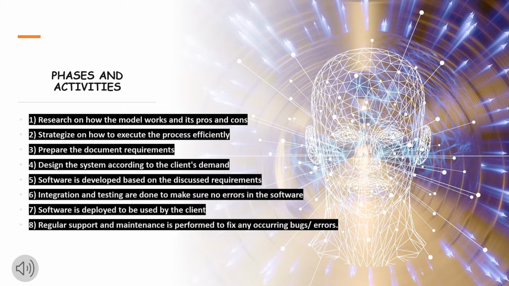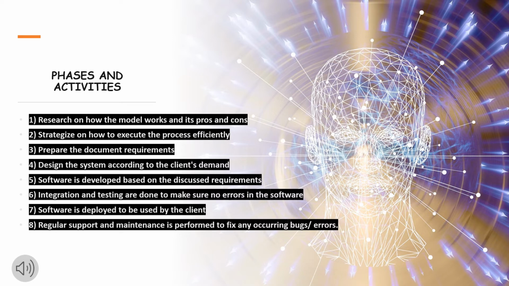Phases and activities. Research on how the model works and its pros and cons. Strategies on how to execute the process efficiently. Prepare the document requirements. Design the system according to the client's demand.